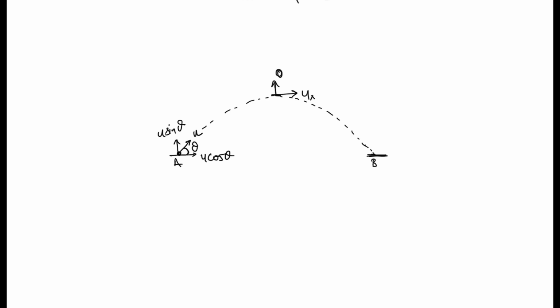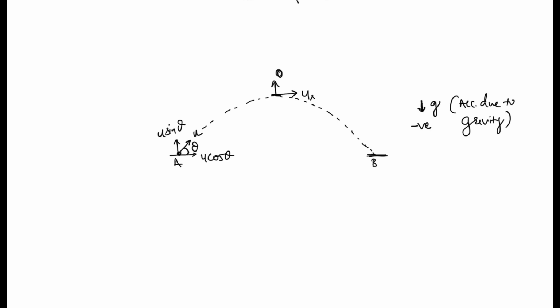Now we know that there is an acceleration present in vertical direction. What will be the acceleration? The acceleration will be equal to g, that is acceleration due to gravity, which is pulling this ball toward the center of earth, and this acceleration is always present in negative direction.